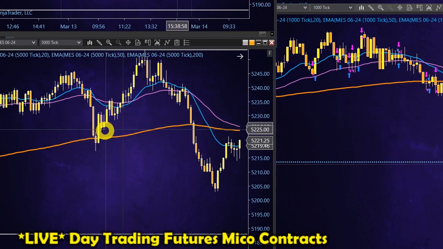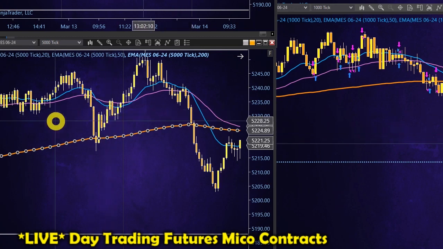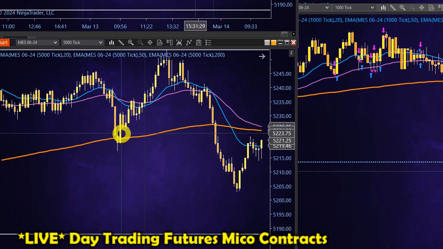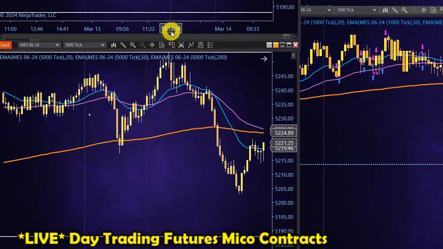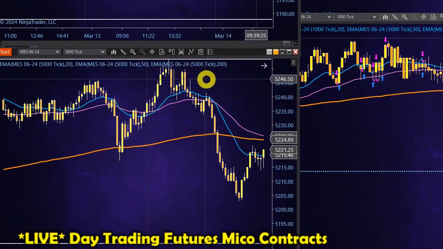It's what's called a weak sell signal, because it's above the 200 but below the 50 and 20, and the 50 and 20 have crossed under one another and started to go in the other direction. When I see something like this, that's why it's called the danger zone. We may not even want to trade until price gets back up above the moving averages for a positive and strong buy zone.